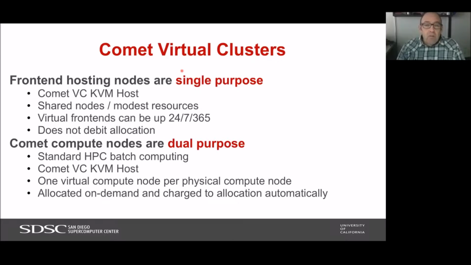I mentioned this a little bit earlier. Again, Comet virtual clusters have 2 types of nodes. They're front-end hosting nodes, which are single-purpose nodes. They're running in KVM on our front-end hosting machines. They're up 24/7, and during the time of your allocation to run virtual clusters on Comet, the front end doesn't actually debit your allocation at all. It just sits there as a resource that you're able to use.